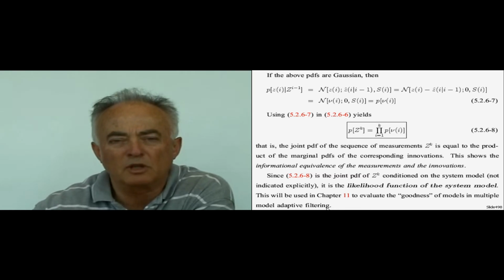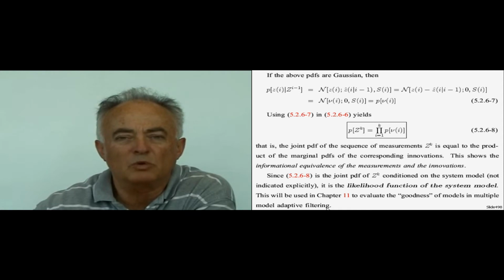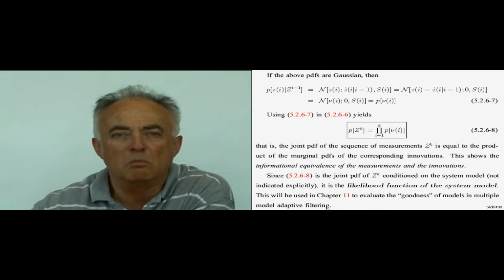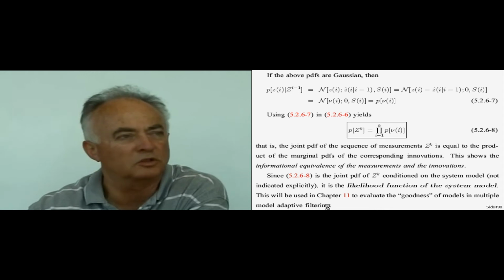We are already building the tools to be able to evaluate in real time various models, and what we need is an architecture of such model conditioned or model based filters which can solve the multiple model problem, and we'll see this in due course.